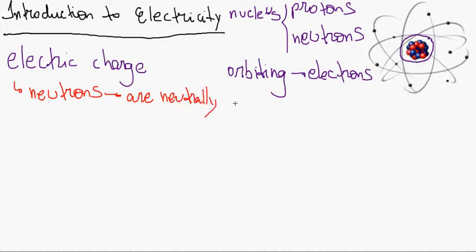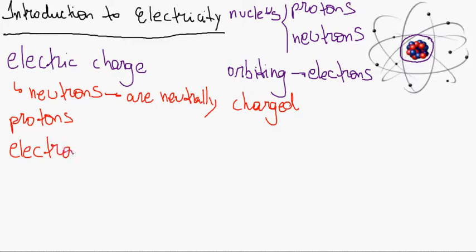I want to say that neutrons don't have charge. They have a charge equal to 0. Neutrons aren't charged. And what's charged are protons and electrons. Okay, they are the two charged particles.